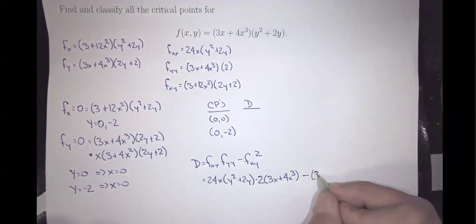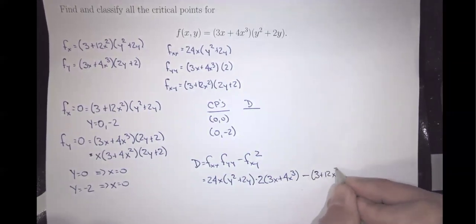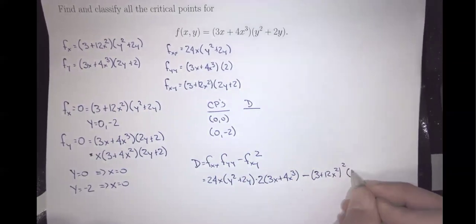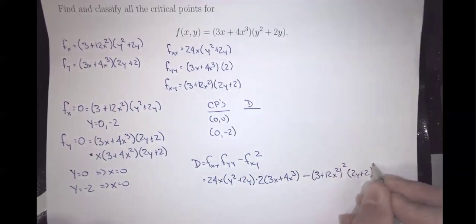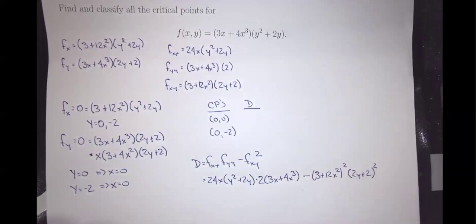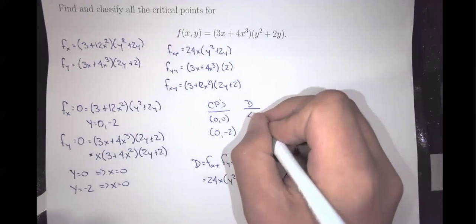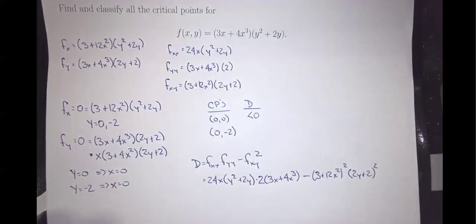So that's (3 + 12x²)(2y + 2) squared. At (0, 0), we've got an x there, so this is all going to vanish. We've got 3 plus 0 squared is 9 plus 4. So the negative out here makes it less than 0. All right, so at (0, 0), we've got a saddle point.